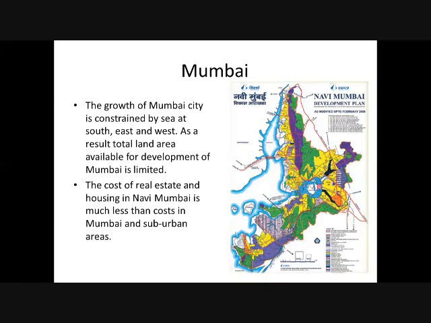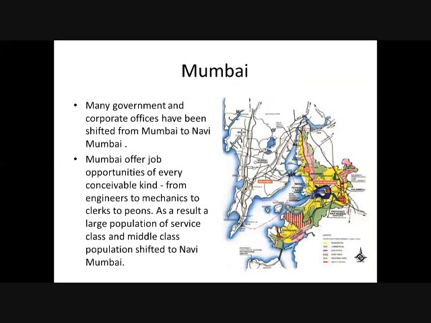So many government and corporate offices have been shifted from Mumbai to Navi Mumbai, and Mumbai offers job opportunities of every conceivable kind, from engineers, mechanics, clerks, and so forth. As a result, a large population of service class and middle class shifted to the area of Navi Mumbai.